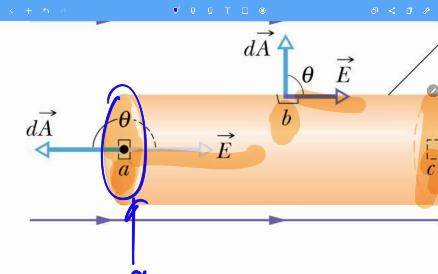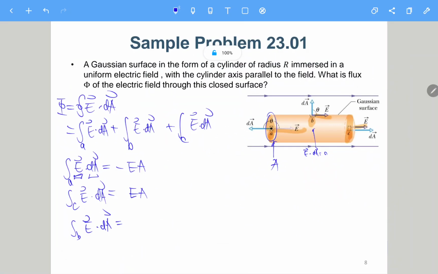So for the side of the cylinder, E dot dA always equals 0, because E and dA are always perpendicular to each other. So this is nothing but 0.